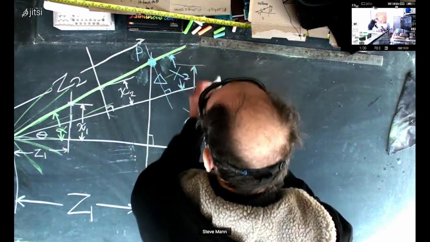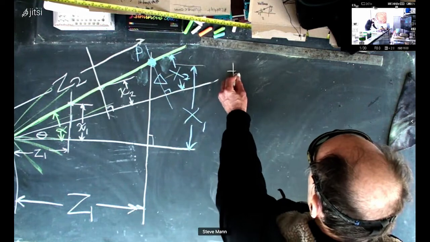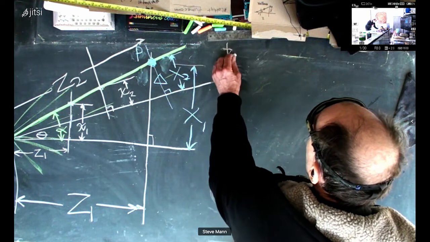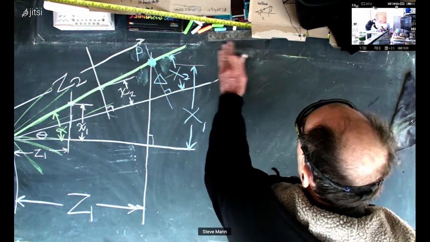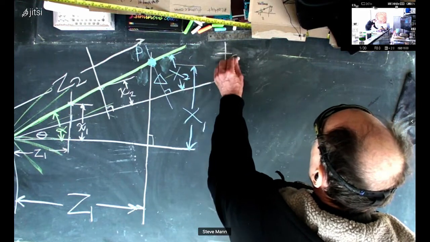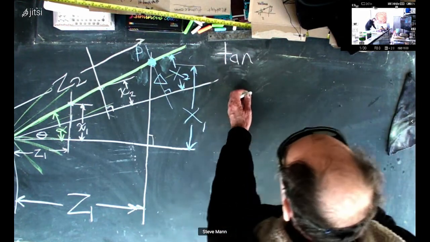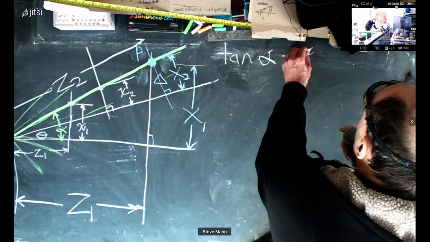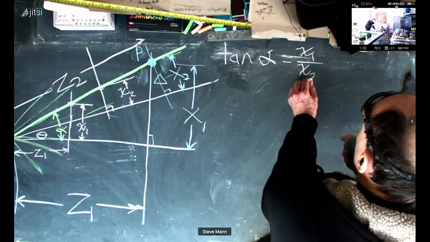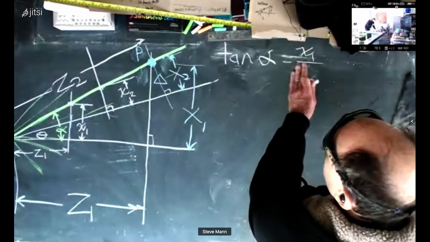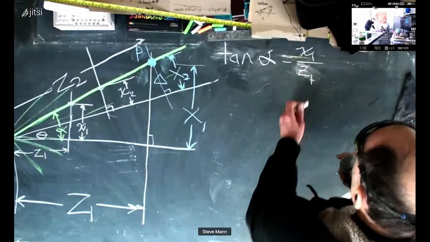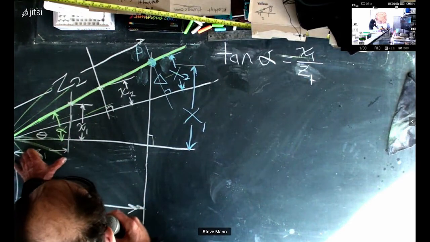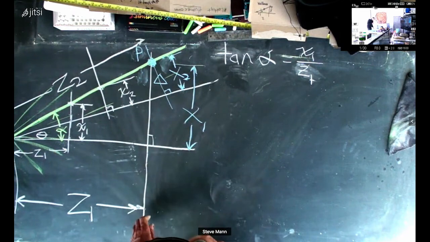And so now we can write that tangent of alpha equals little x1 over little z1. So tan of alpha is little x1 over little z1, or big X1 over big Z1.